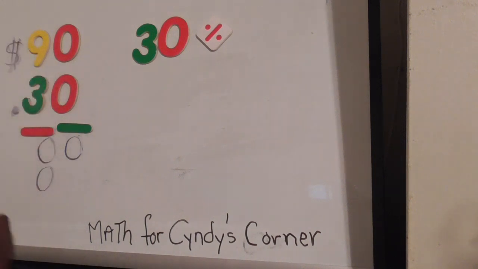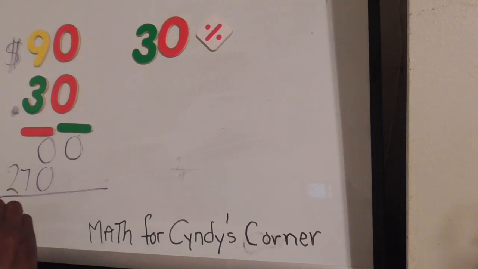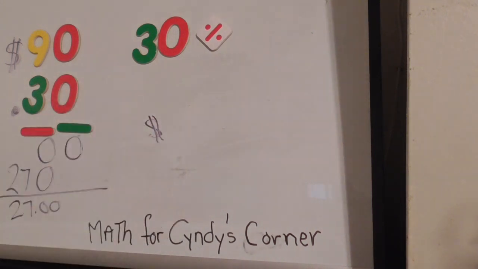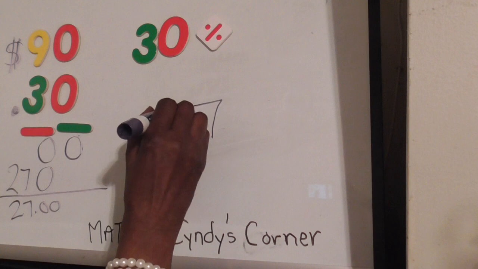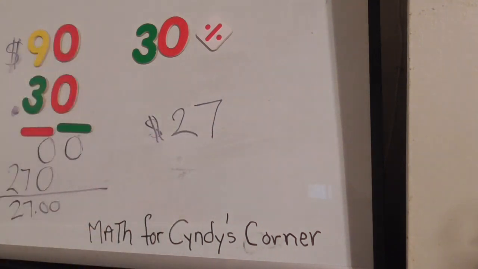And 3 times 9 is 27. $27. $27 is 30% of $90.